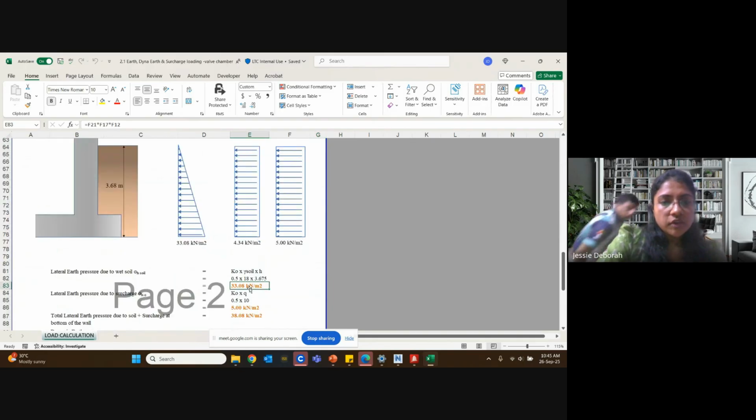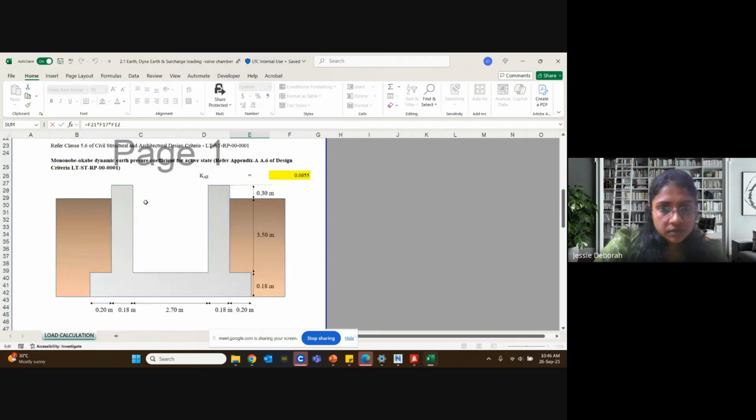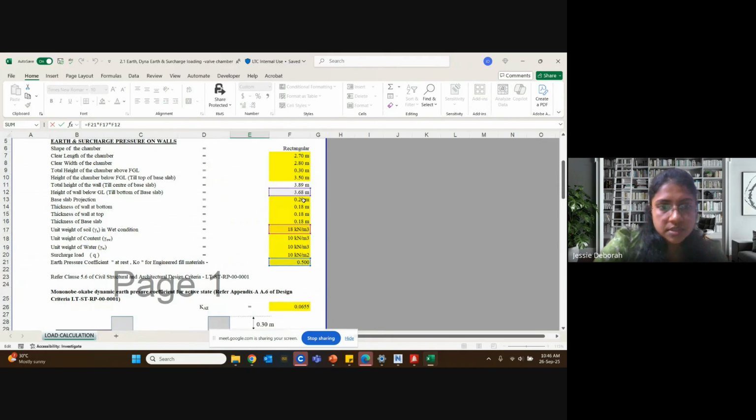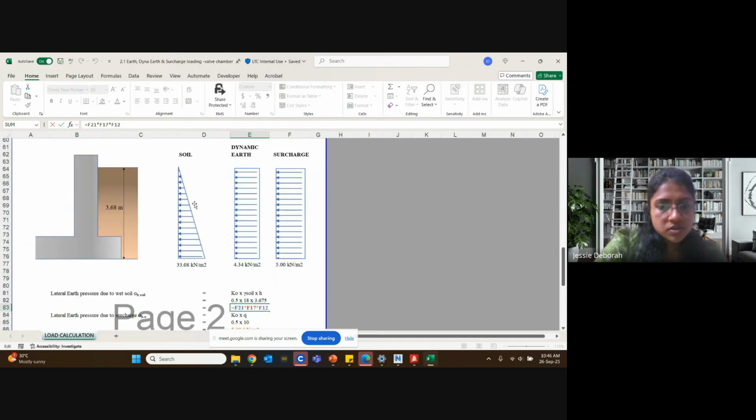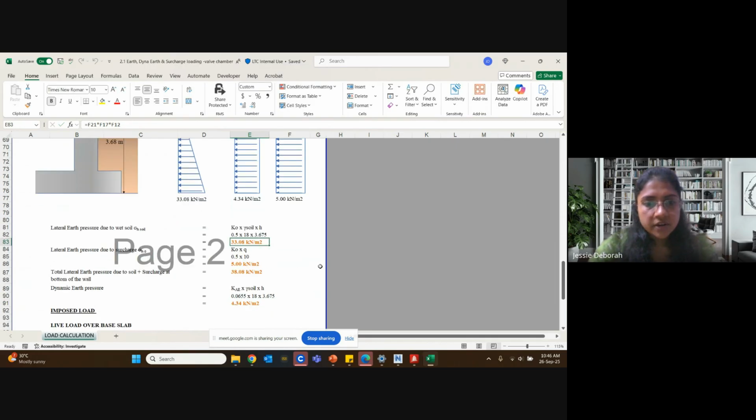Okay, so we know the formula for lateral earth pressure due to wet soil: K0 into gamma soil into H. If you see here, this is your height of the wall, this is your unit weight, and this is your earth pressure. So K naught into gamma H. Then earth pressure due to surcharge is K naught into surcharge.